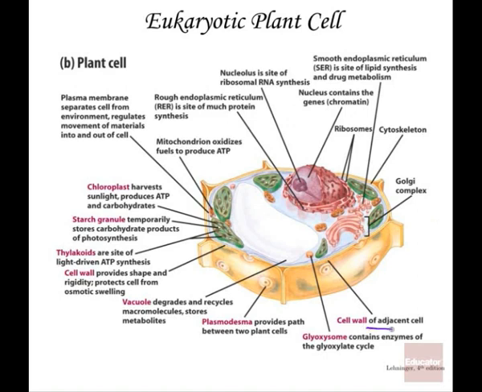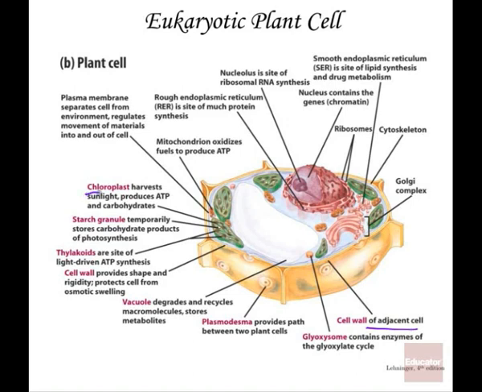Now, the cell wall is just like with the bacteria, right? It provides that extra protection because the animals, the heterotrophs, can move around, but the plants are stationary, and they need to be able to withstand dramatic changes in the environment.